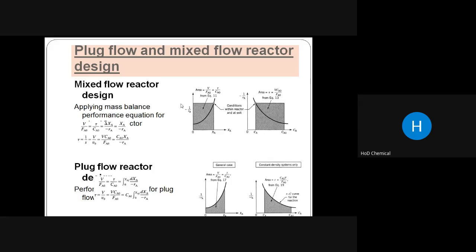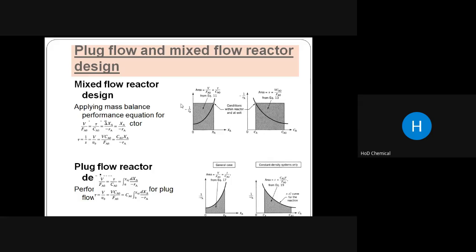From the step input method, we calculate the F curve, and from the pulse input method we get the E curve. From the relation between the E curve and F curve, we calculate the C curve. So the E curve, F curve, and C curve can easily be converted from one to another.